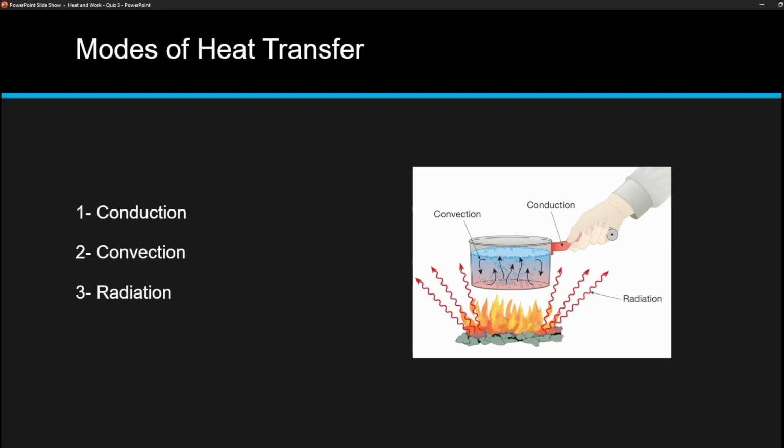In this case, the movement of water, so we can see how it's going from hot to cold. The last one, radiation, is the energy transferred without any physical touch between objects. As you can see here with the radiation of fire, if you were to put your hand near the fire from a distance without touching it, you would feel heat transferring onto your hand. There are other sources of radiation, such as a lamp or the sun. They all produce radiation.